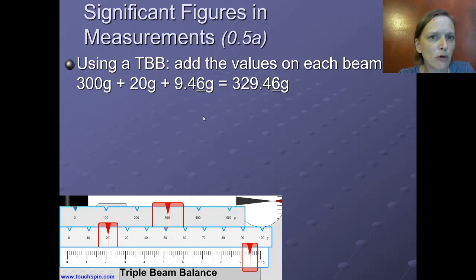So let's call that 9.46. And when I add those values together, I get 329.46 grams. Now that last 6 is uncertain. So again, you might think it's 329.47. That's okay. We give every digit that we know for certain plus one more digit that we do not know for certain.